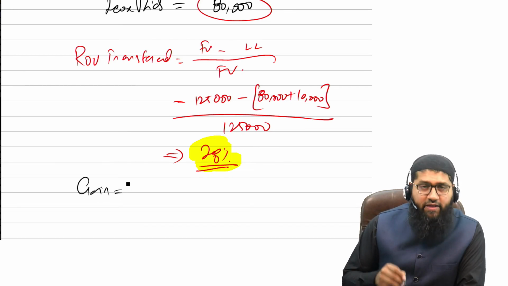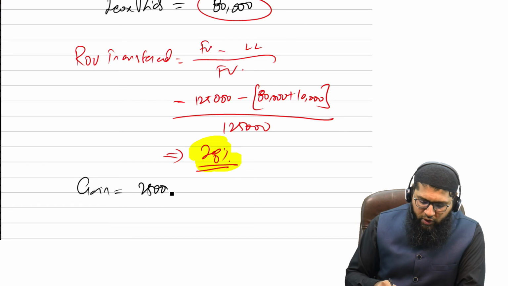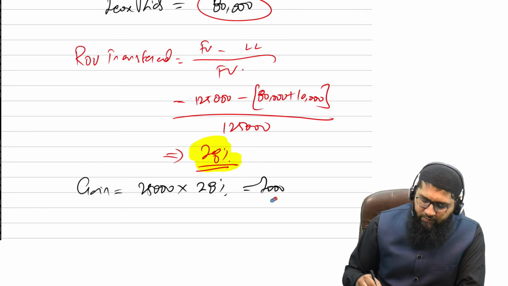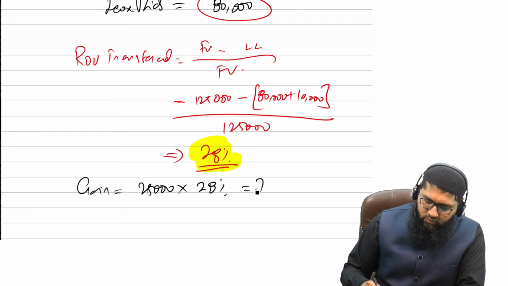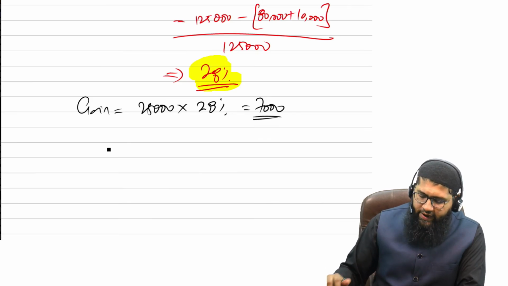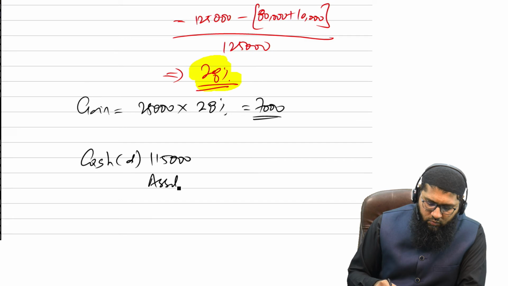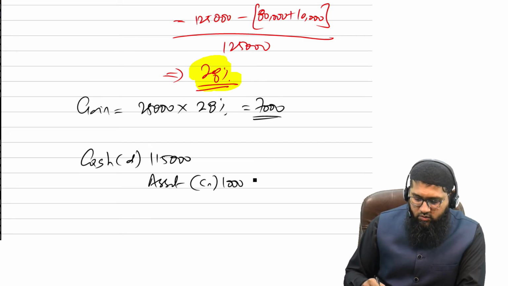Now try to understand something. The gain that is going to be recognized is on the basis of 25,000 into 28%, which is going to be 7,000. And how would you recognize the whole of it? Cash debit by 115,000, asset credit by 100,000.